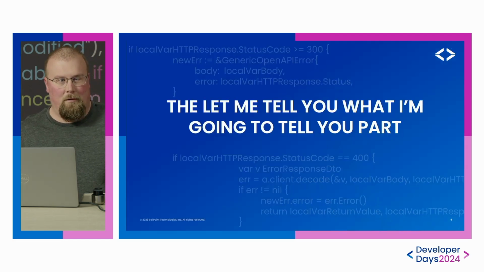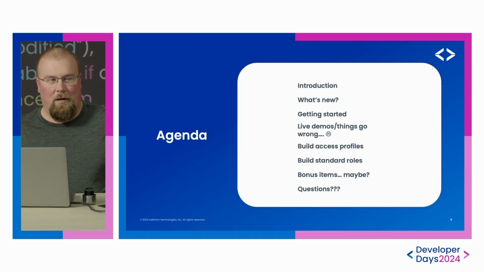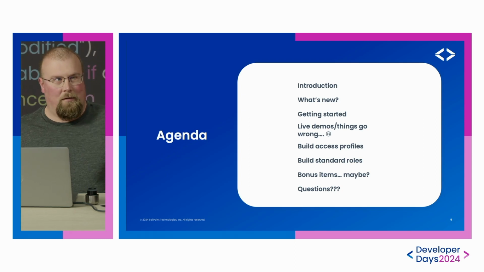All right. So some highlights that I want to hit for what we're going to talk about today. I'm going to first go over the big changes that I've made since last year, which also impacts what you need to do to get it up and running once you've got the module installed on your machine. Then I am going to tempt fate and do a live demo where I plan to build a couple access profiles and standard roles to show off some of the new classes that I've built.